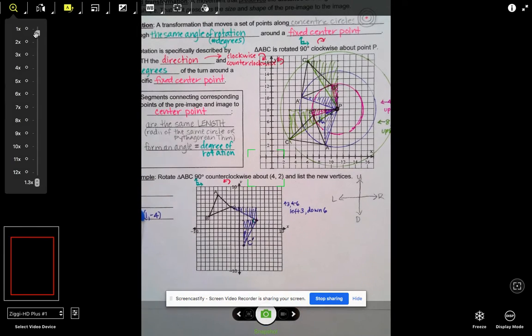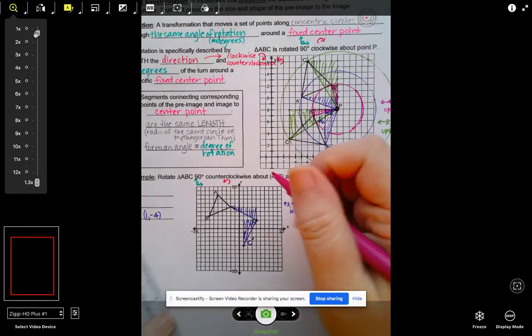All right, so now I'm going to do the same thing, and I am going to look at my, let's take this, B prime.